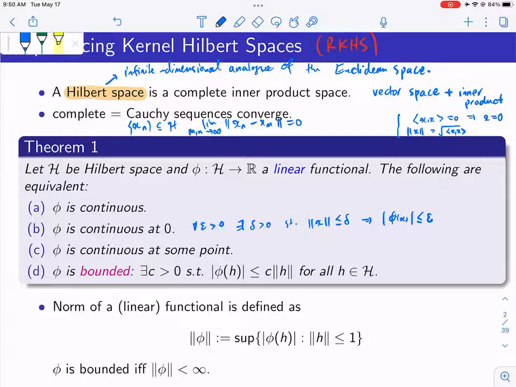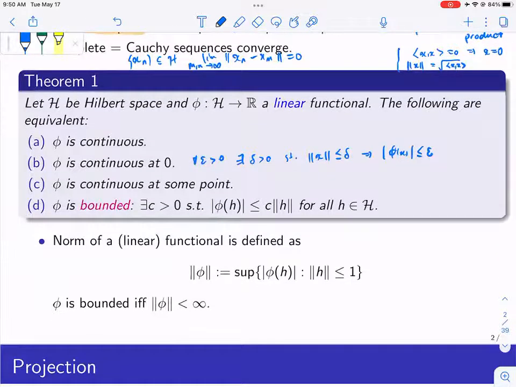And the interesting thing is that they're also equivalent to phi being bounded, which means that there exists a constant such that the absolute value of phi h, this is a real number, is bounded by this constant times the norm of h for every h in the Hilbert space. Okay, so this might not be that obvious at first, but you can see from the definition of continuity at 0, if this holds, then you're definitely going to be continuous at 0.